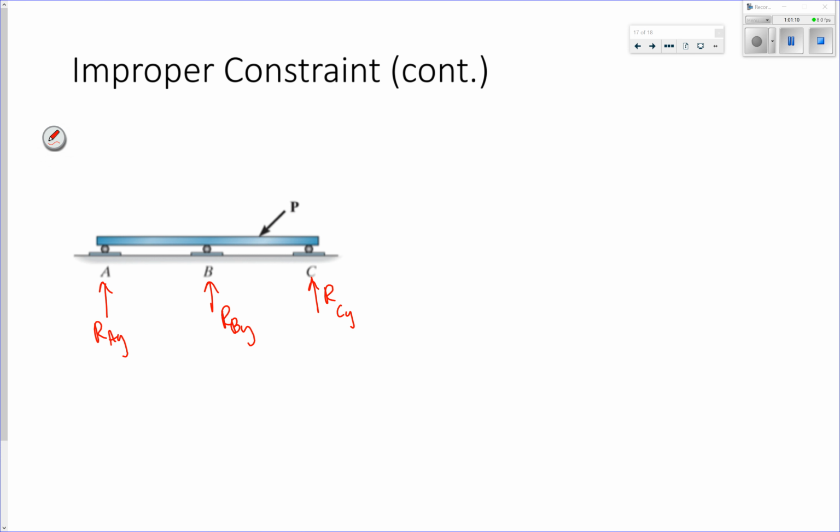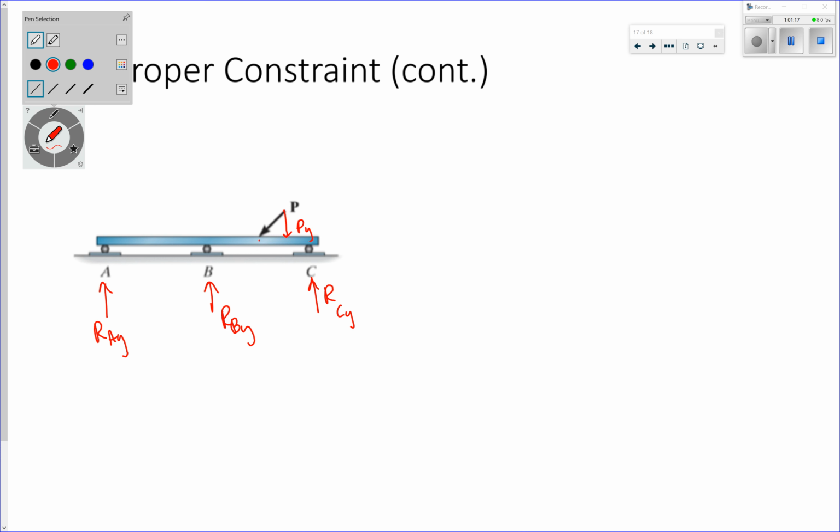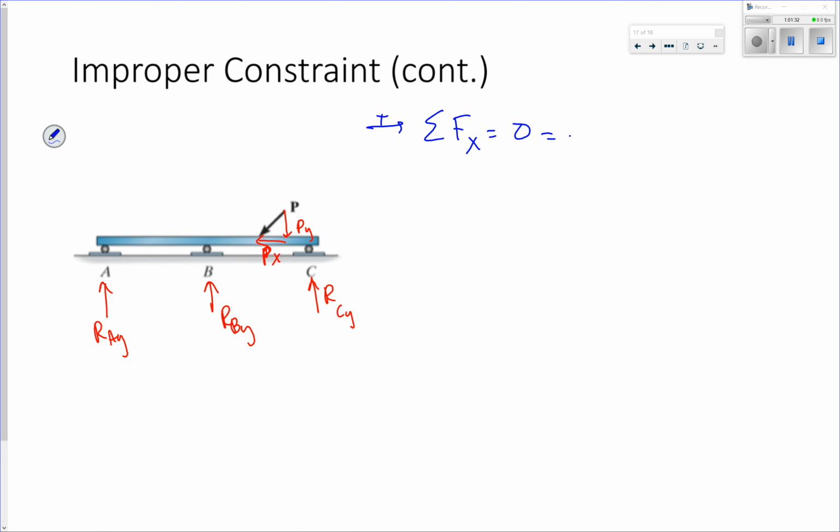So if I break this force down into its components, I take some of my forces in my x direction. The only force I have in the x direction is that load being applied, the horizontal component of that load. So that only works if I have no load, or if I have a perfectly vertical load.